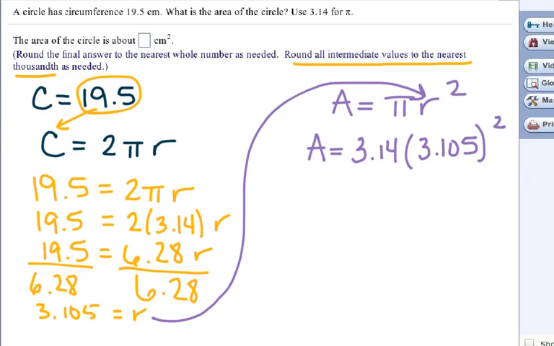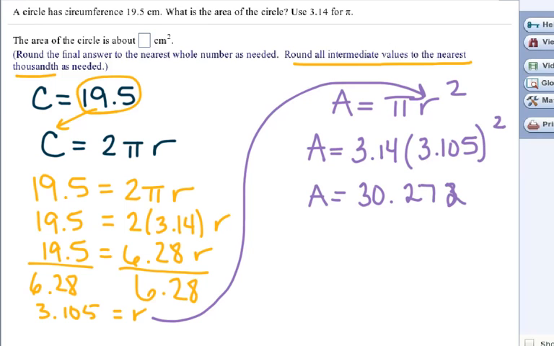Remember, order of operations, I have to square the 3.105 first. And when I put all of that in my calculator, I get 30.273 if I round to the nearest thousandth.